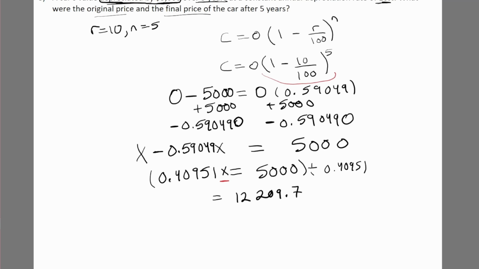This right here is the original. The final will be the original minus 5,000, because the final will be the original price minus how much it depreciated. So minus 5,000, and so we get 7,209.7.